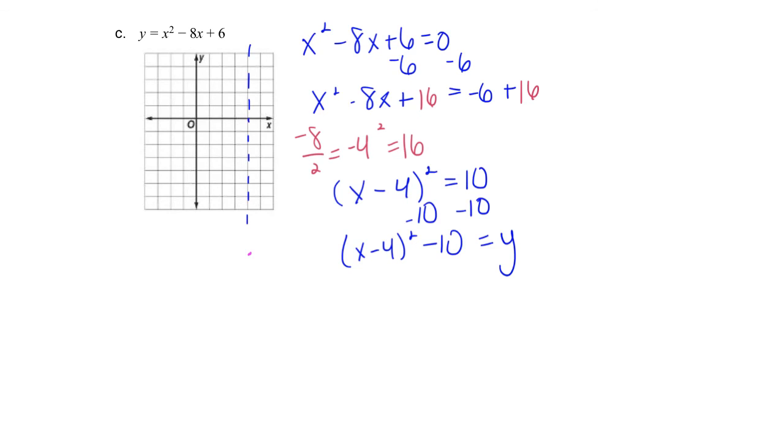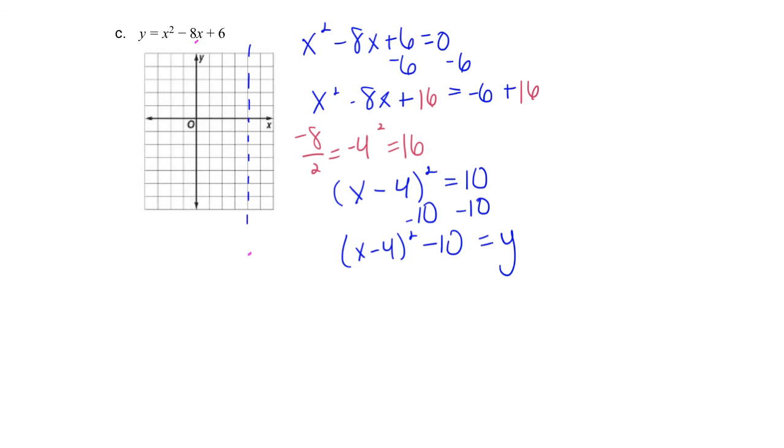This is a bad graph. And then our y-intercept is at 6 from our original equation. All right, so we went down 10. Now we're going to go up 6 for the y-intercept. 1, 2, 3, 4, 5. Holy cow, it's off the graph everywhere.